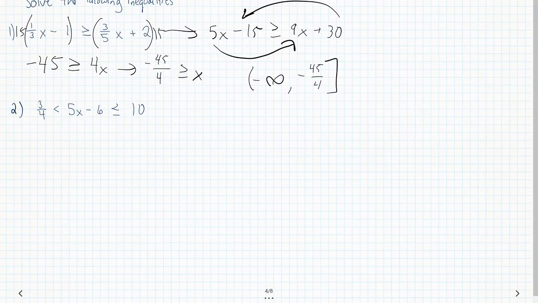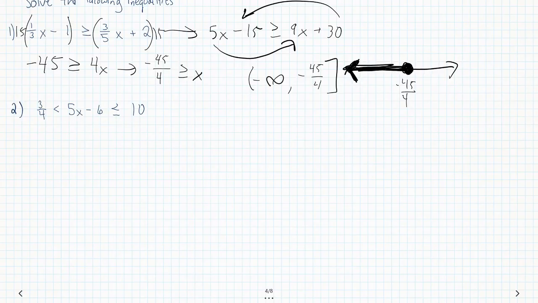If you're struggling to see that, that's fine. Here's how we do it. You have negative 45 over 4. We know that's going to be included. We got to figure out which direction we're going, and so in this case we're going to go smaller. And that's how we can figure out, oh, it's all the way to negative infinity. So if you want, you can do the drawings first. That might help you too.